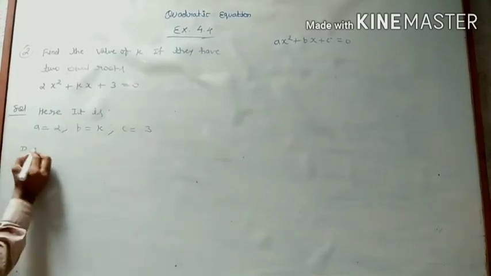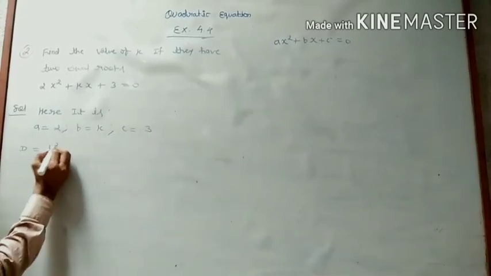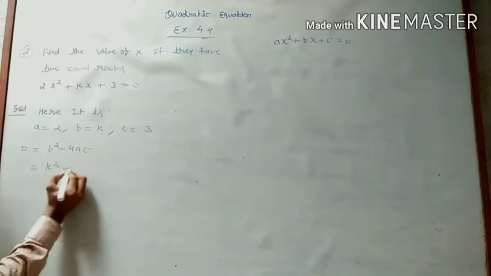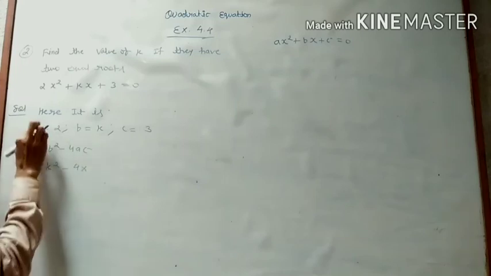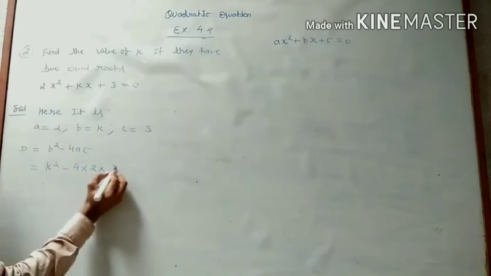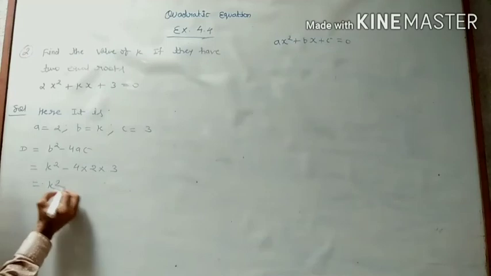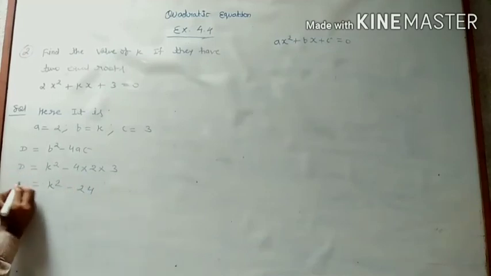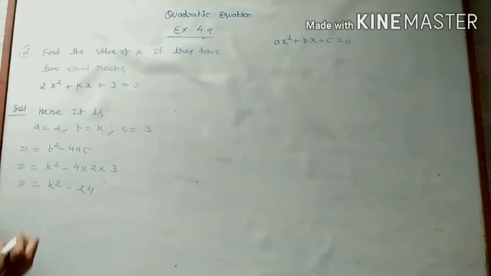So first of all, find the value of D. Discriminant, D equal to b square minus 4ac. The value of b is k square minus 4 into the value of a is 2 and the value of c is 3. So k square minus 4 times 3 is 12, 12 times 2 is 24. So D equal to k square minus 24.